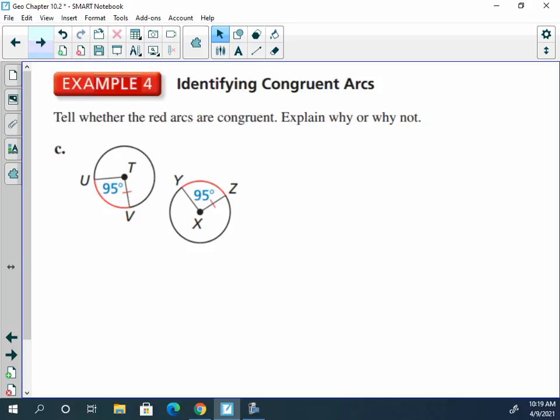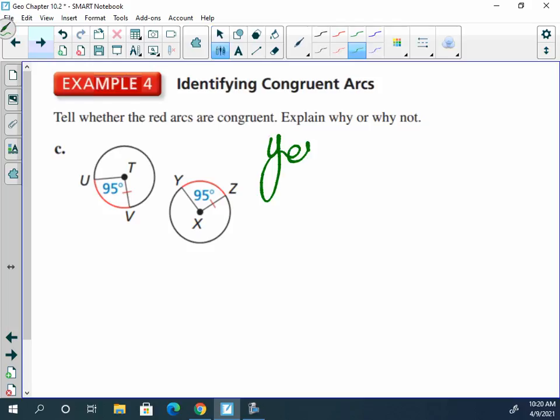Now, can we say that these two here are congruent? I would agree, yes. Why?